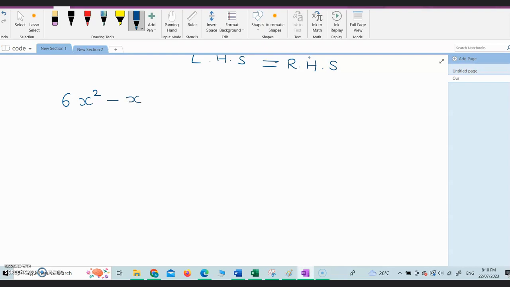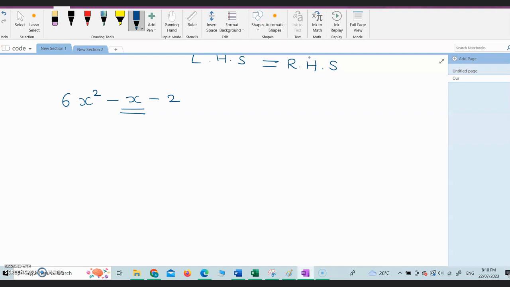6x square minus x minus 2. Now middle term split method means whatever is the coefficient of the middle term, we need to find that number. And how can we find that number? We are going to split the coefficient of the middle term into 2 parts.